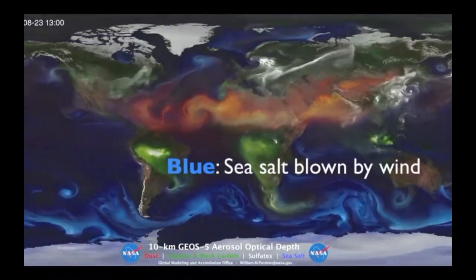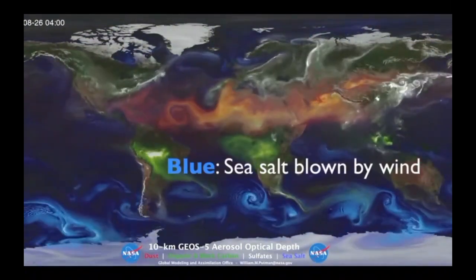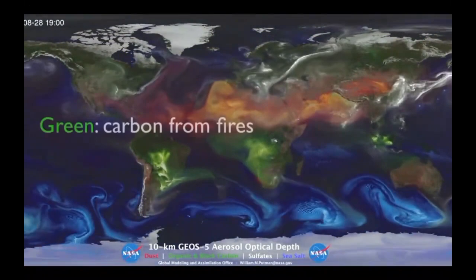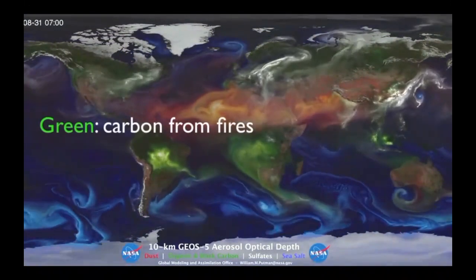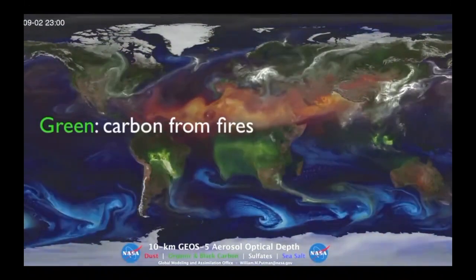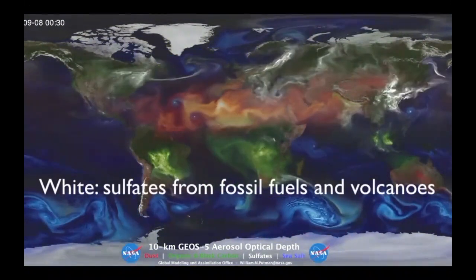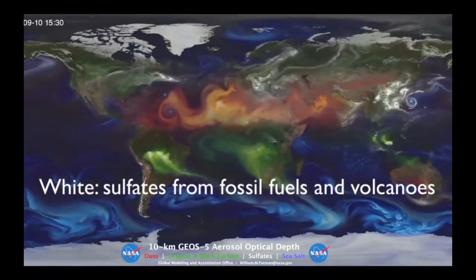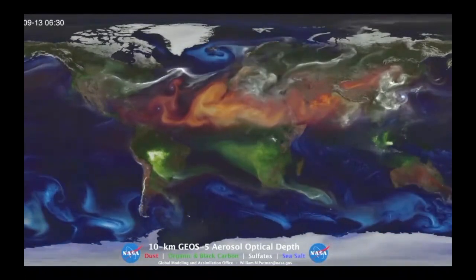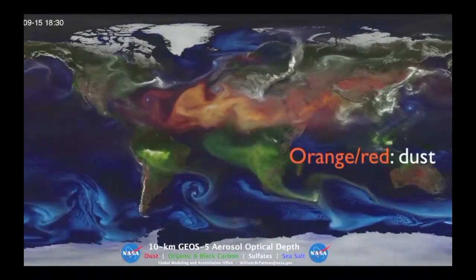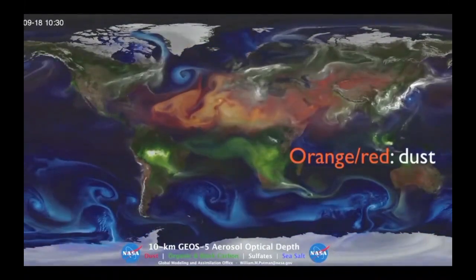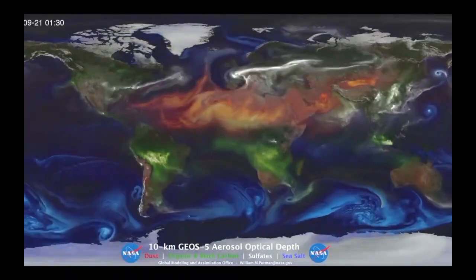So what can you say about the various source regions? So they're carbon from fires. So what you can note about the sea salt, why is the sea salt predominantly shown in the bottom part in the southern hemisphere there?